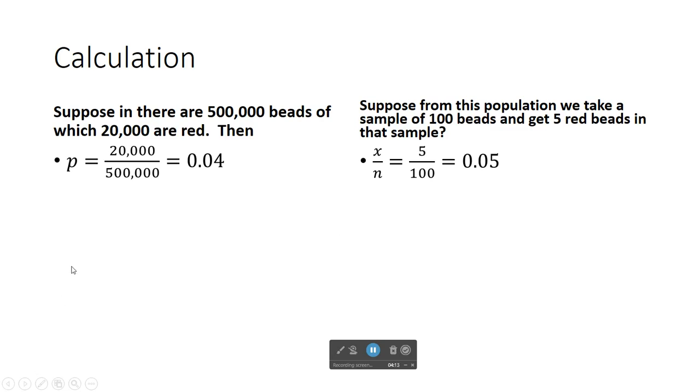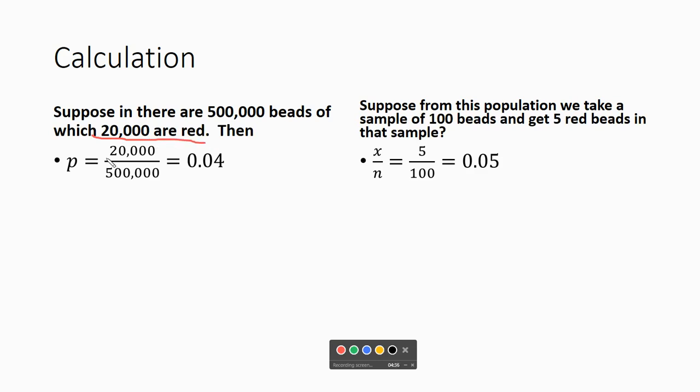So to make this clear, suppose that we have 500,000 beads altogether, a big vat of 500,000 beads. Imagine them to be nicely mixed up if you want to. And say that 20,000 of these colored beads are red.